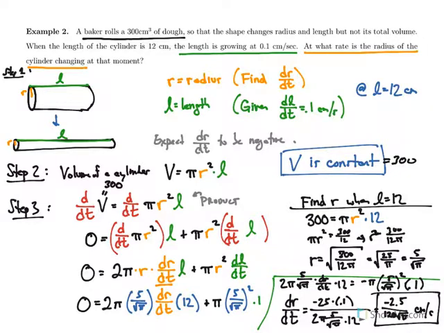Unsimplified, we could write it as we did before. It's fine. Note that we expected our answer to be negative, and our answer was negative, so that's good. It is decreasing.